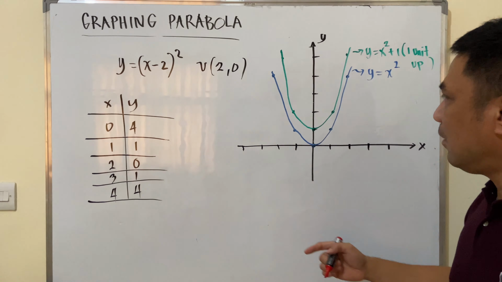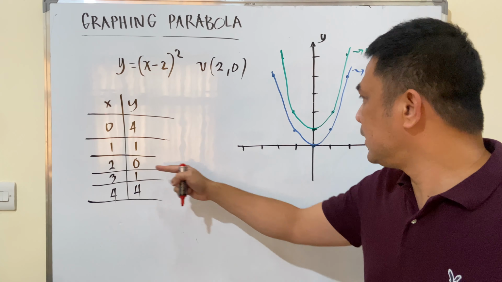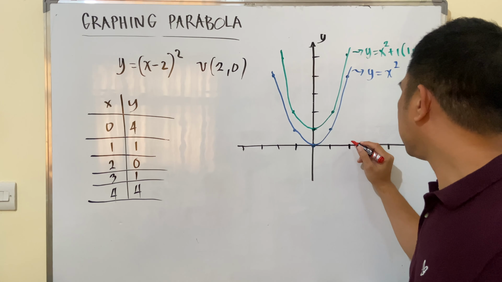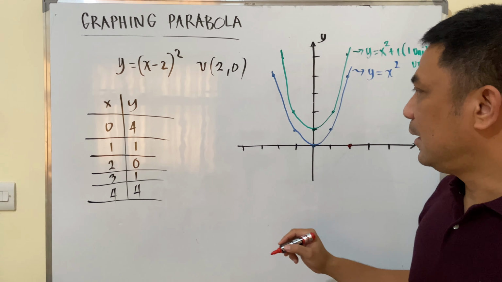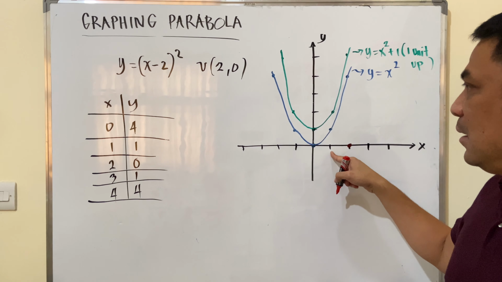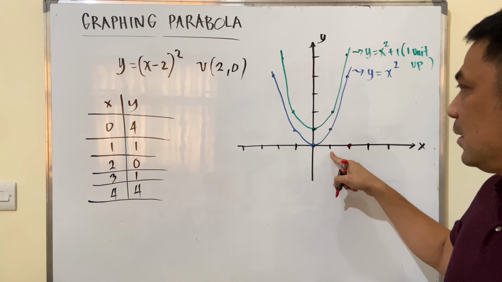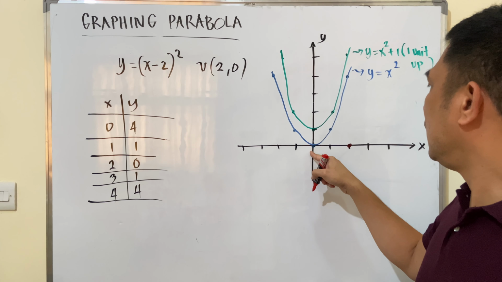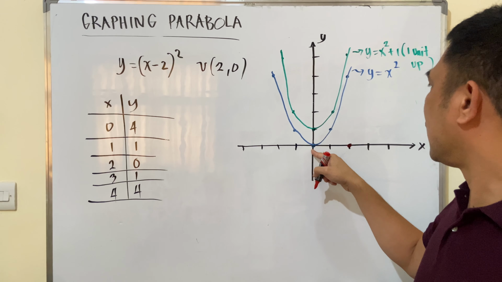Okay, so our vertex is at (2, 0), so this would be our vertex. At x equals 0, y is equal to 4.